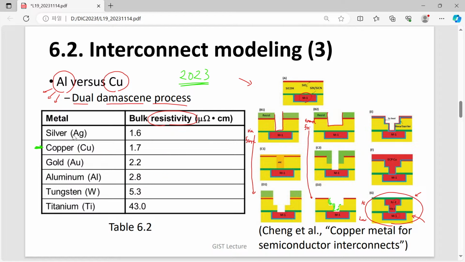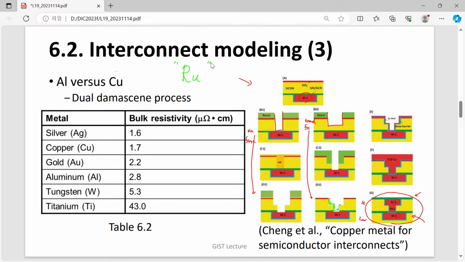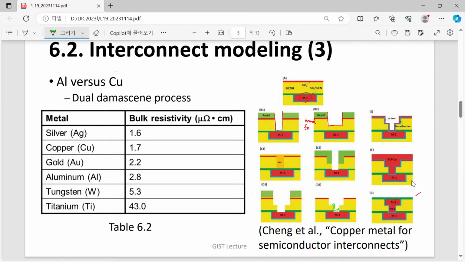Some research institutes, for example IBM or IMEC, suggested using a certain material called ruthenium, but this is also a very rare material, so I'm not quite sure we can afford it. Anyway, using copper is nowadays a standard way.